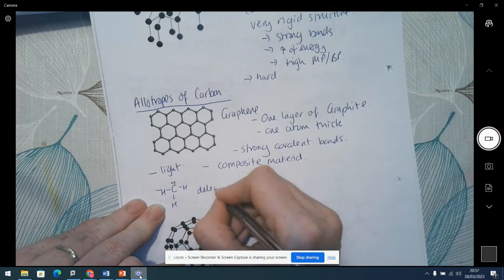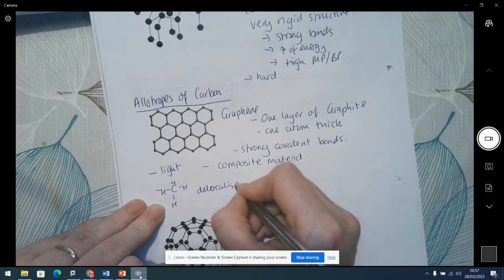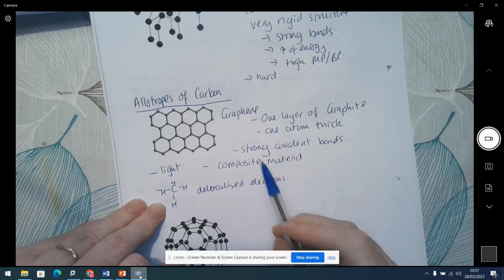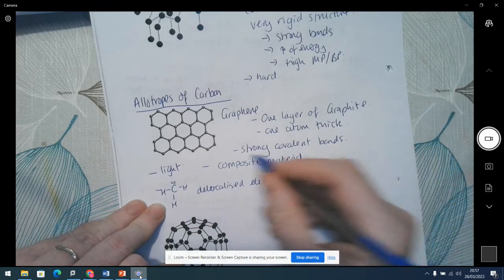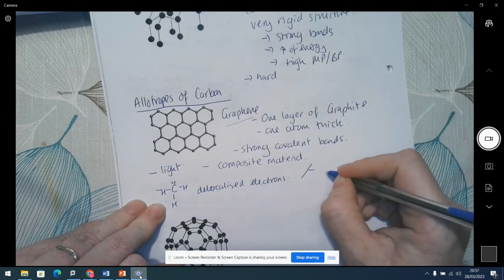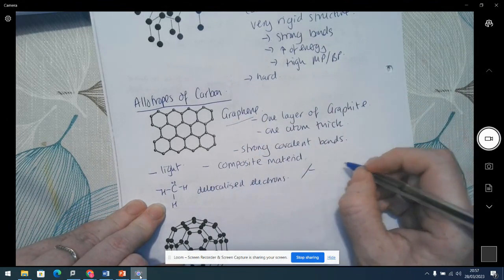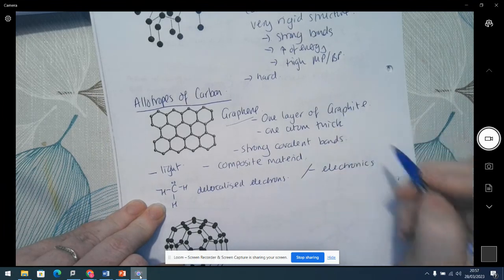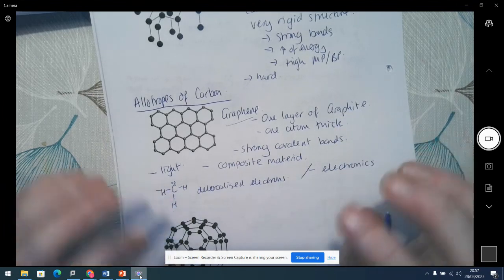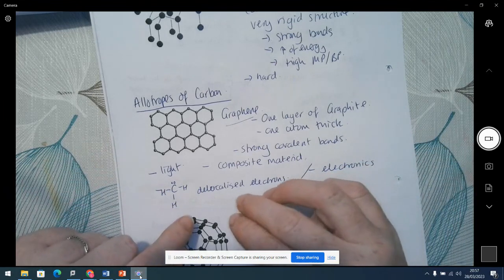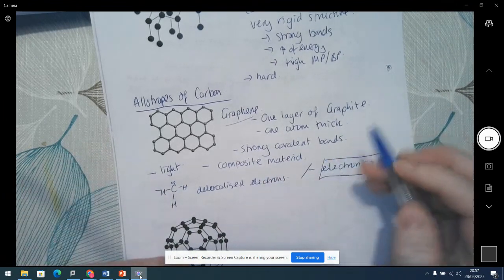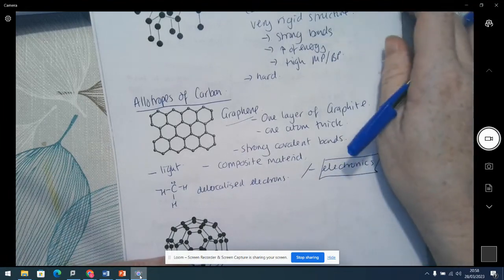So it has the delocalized electrons that are free to move. And this is why we often find graphene in the computing industry. Okay, so it's usually used in electronics because it's light, so therefore easily positioned. It can conduct electricity, so it's a really useful material to be used in electronics.